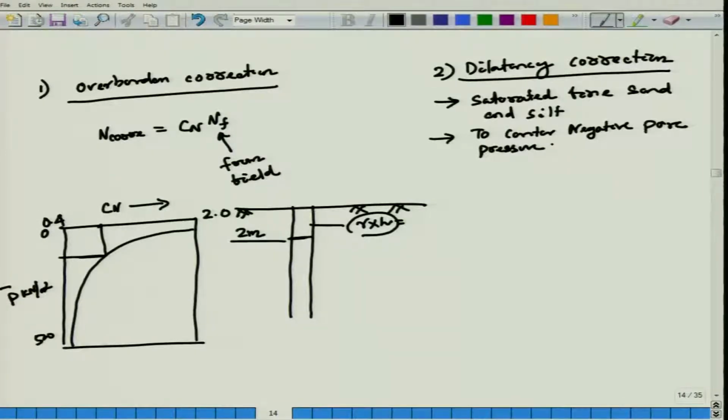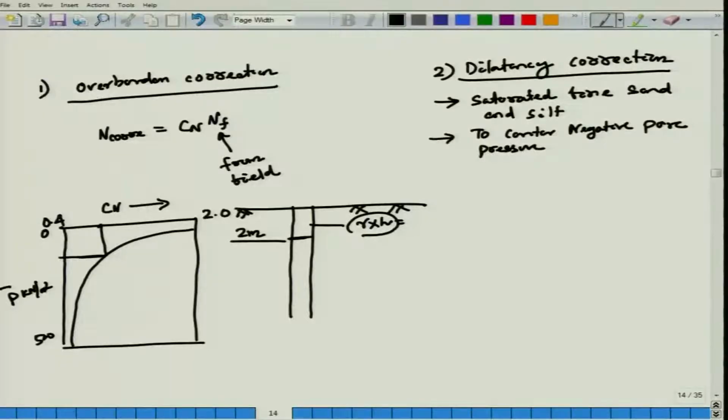Once there is a water table, if there is fine sand, what will happen? There will be a kind of negative pore water pressure. To counter that, this correction for dilatancy is required. If it is saturated fine sand and silt, then only your dilatancy correction is required.